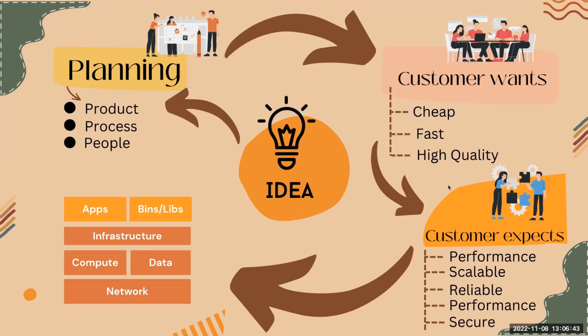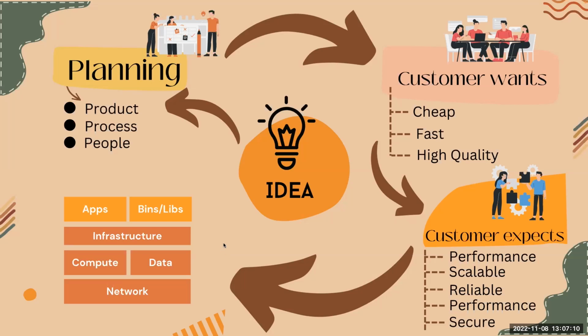If it is translated to the app stack, then this is mostly taken care of by the architecture and your infrastructure, which sits underneath your application and mostly has compute, data, and network. It can be on-premise or in any public cloud like AWS or GCP.